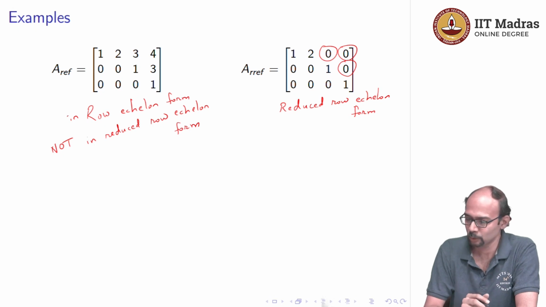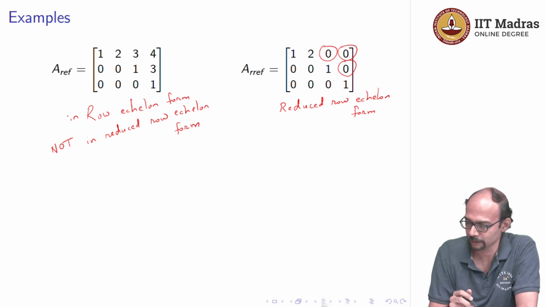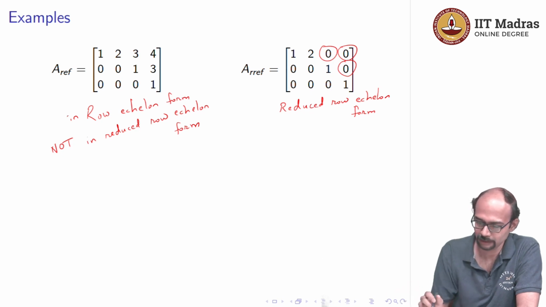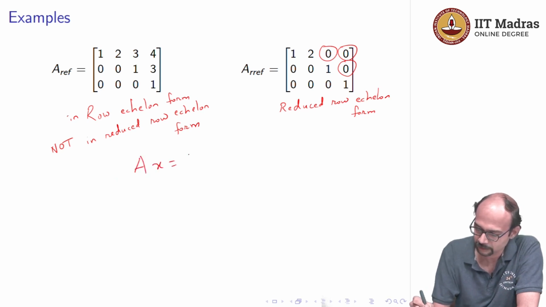Okay. So let us do the analysis that we did in the example that we saw earlier in this video. So let us ask, what is the set of solutions for this. So if we want, let us say Ax is 0, A r ref x is 0, what do we write down again?